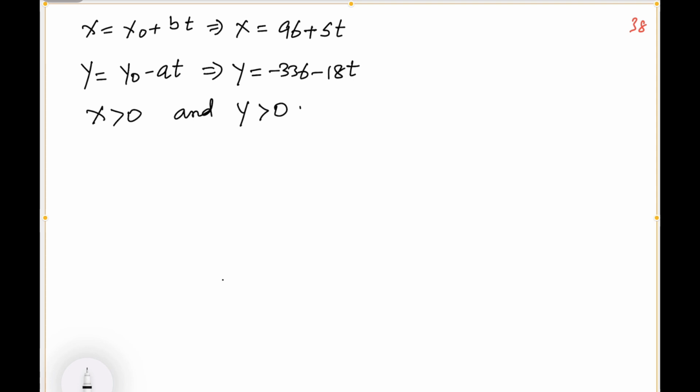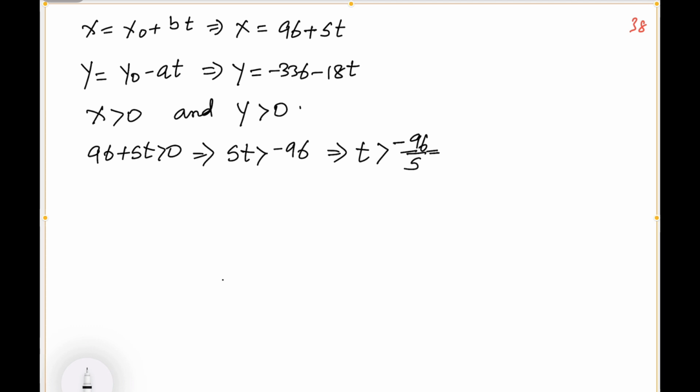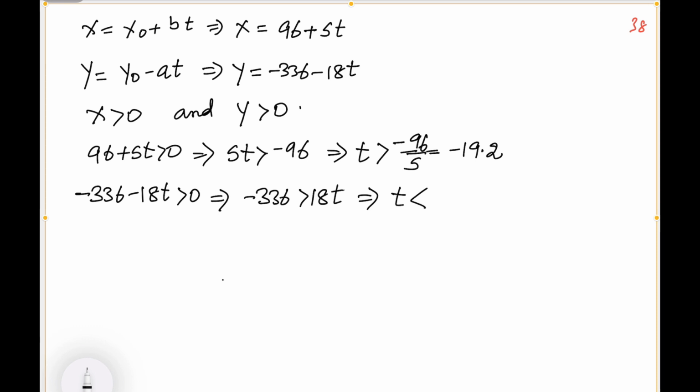So it becomes 96 plus 5t strictly greater than 0, implies 5t is strictly greater than minus 96, t is strictly greater than minus 96 by 5, which is minus 19.2. And from the second equation, minus 336 minus 18t strictly greater than 0, implies 18t is less than minus 336, t is less than minus 336 by 18, which is minus 18.6.